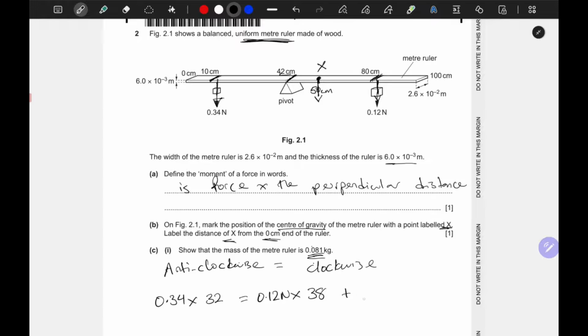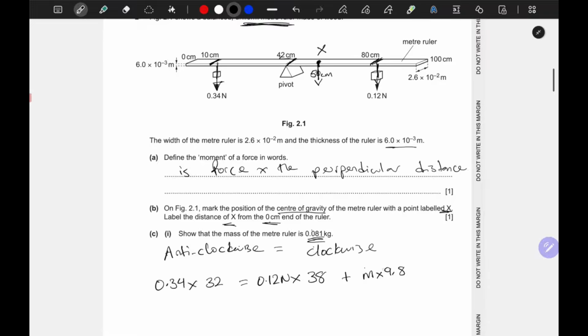So let's say the mass of the ruler is m, and we have to use the weight. So we do m times 9.8. And then this is multiplied by the distance. So 50 minus 42, that's 8, times 8.